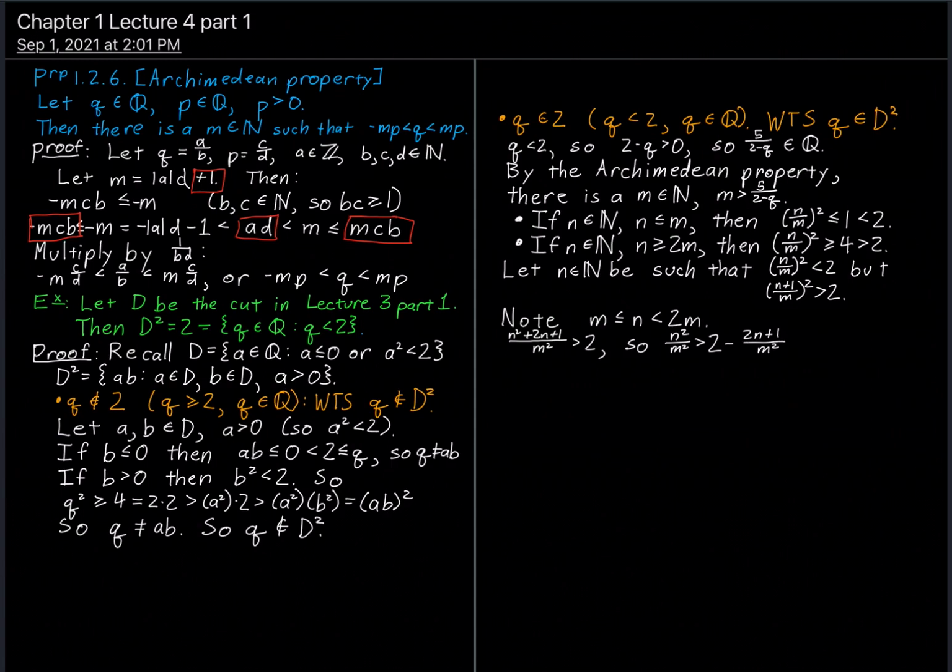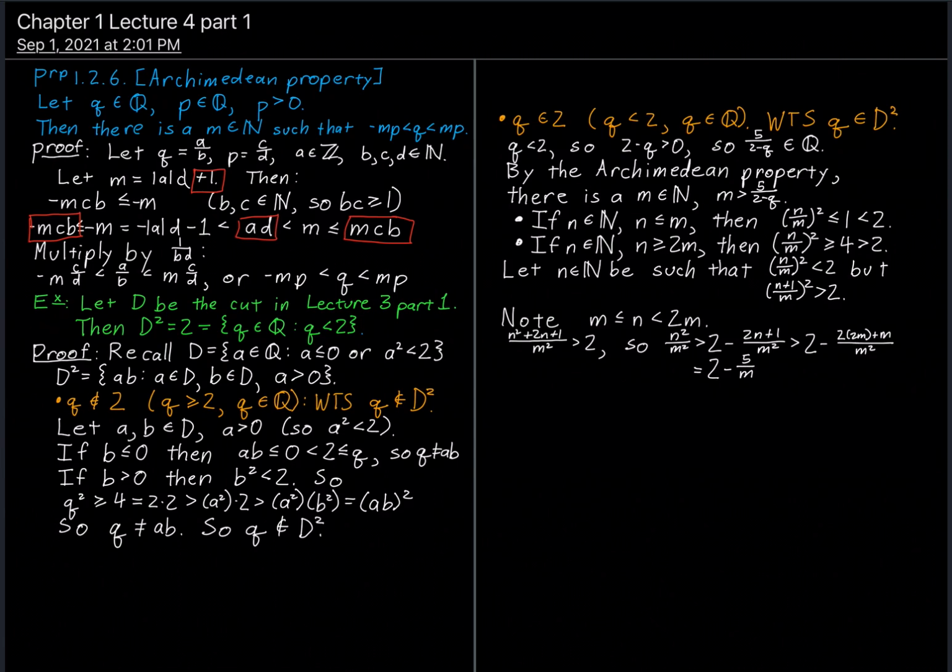M is a positive integer. It's at least 1. N is less than 2m, so this is certainly greater than 2 minus 2 times 2m plus m over m squared, also known as 2 minus 5 over m.